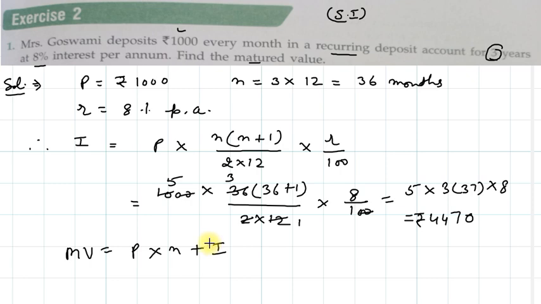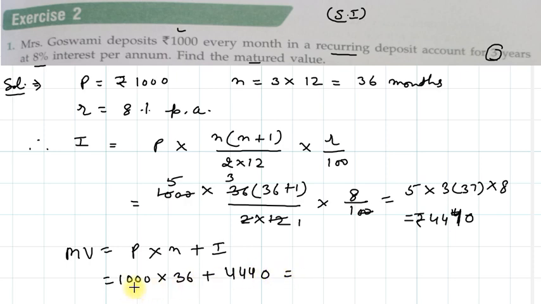So P is what? 1000 into 36 plus interest we have calculated, 4440, right?